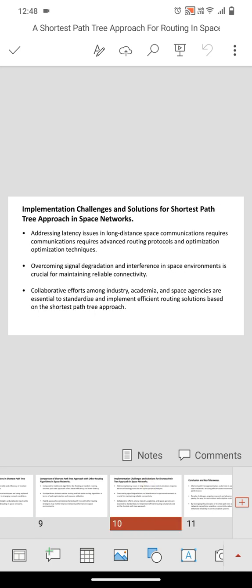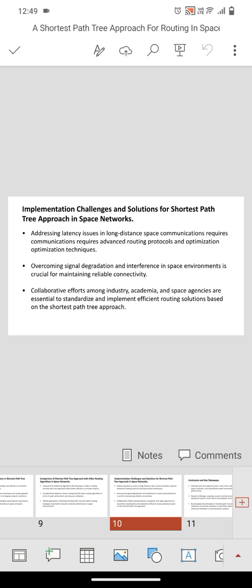You can see the next slide. What are the implementation challenges and solutions for the shortest path tree approach in space networks? Long-distance space communications require advanced routing protocols and optimization techniques. Overcoming signal degradation and interference in the space environment is crucial for maintaining reliable connectivity.